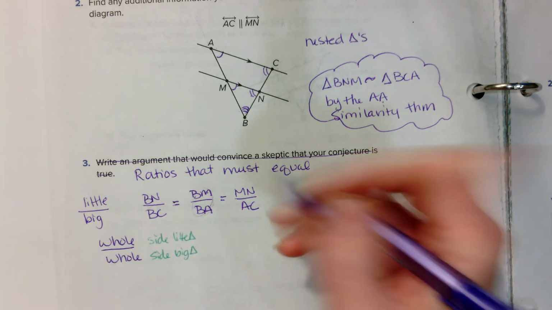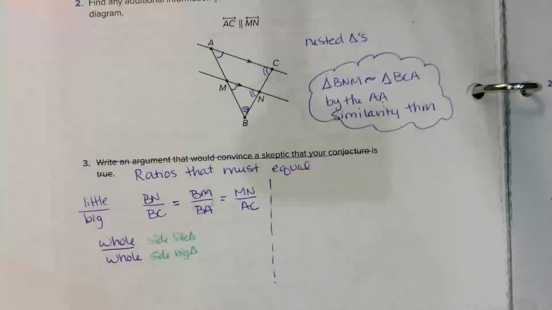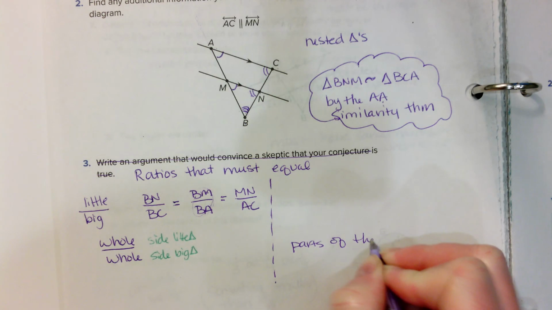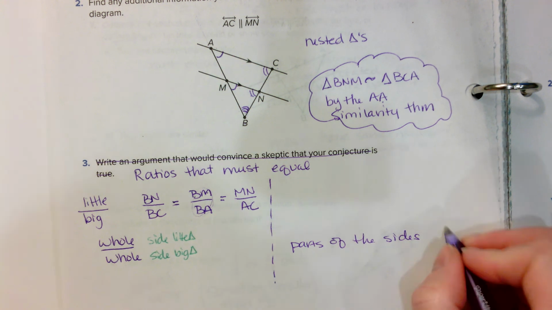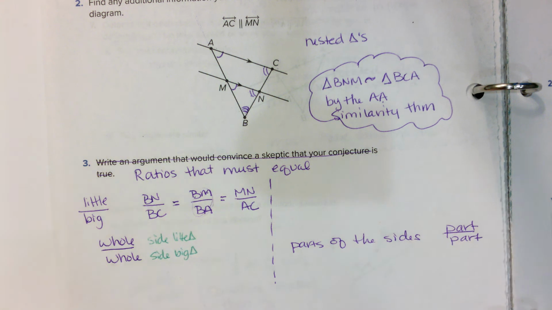So there's a new one today I want to talk about. We briefly talked about this in the practice of another lesson. I also have my parts of the sides. So I also can write part over part ratios that are equivalent.